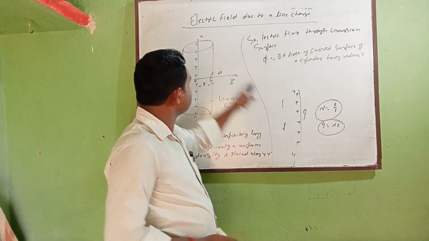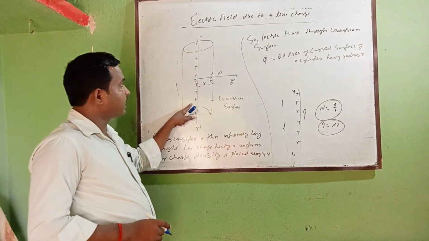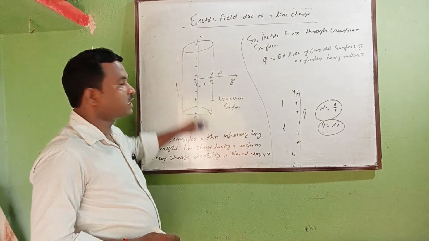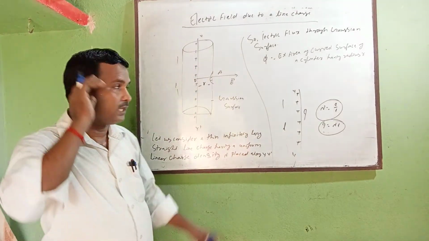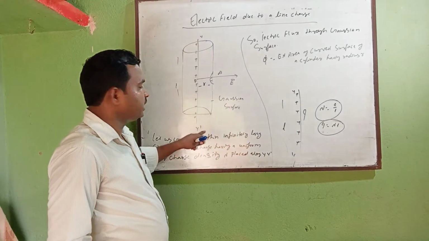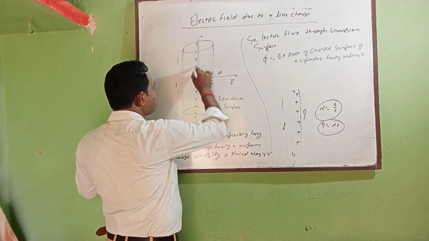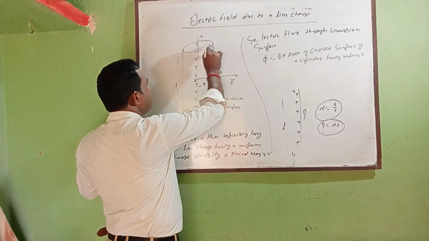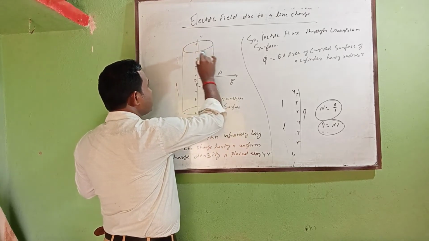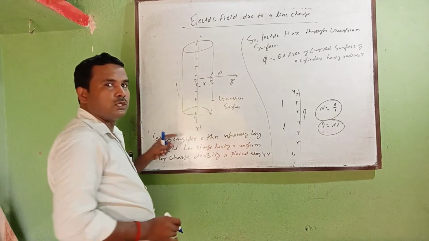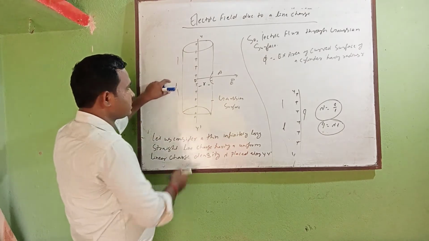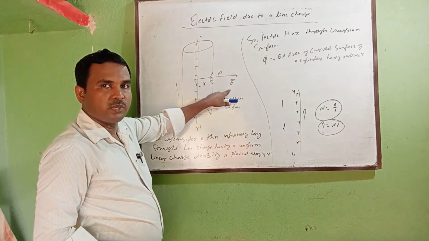Suppose this is the line, and charge plus q is placed over it. I have put here y and y dash. This is the axis. Due to the charge distribution over a line, it will form a cylindrical shape. Suppose the length of the cylinder is L, and E is the electric field intensity.